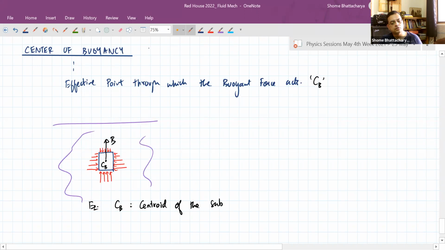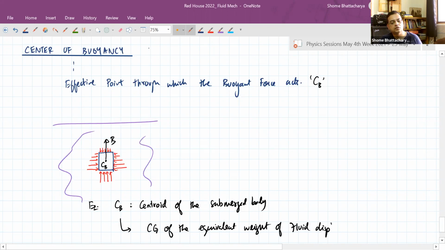the submerged body, the fully submerged body, because basically the center of buoyancy is the center of gravity of the equivalent weight of water displaced, or equivalent weight of fluid displaced.